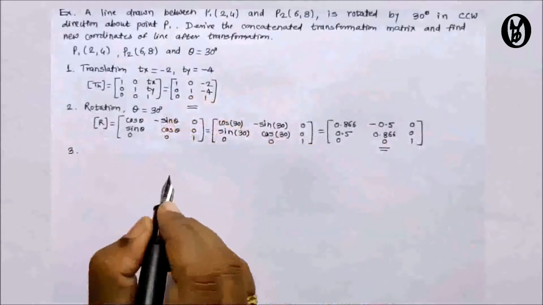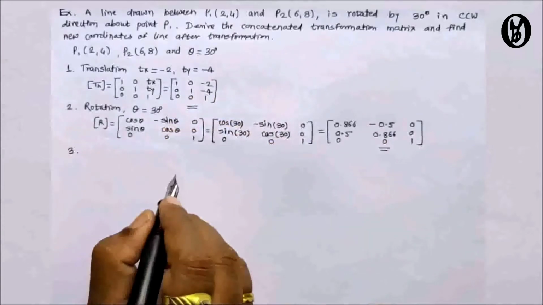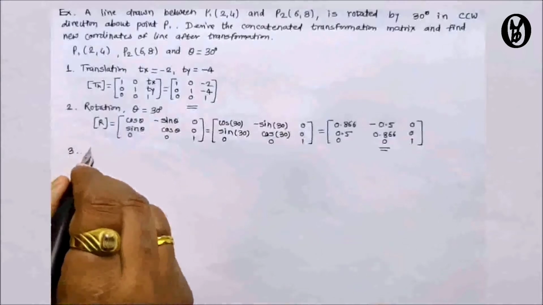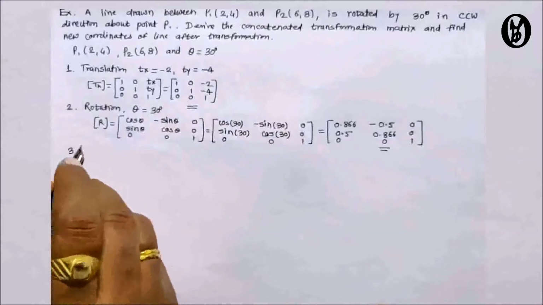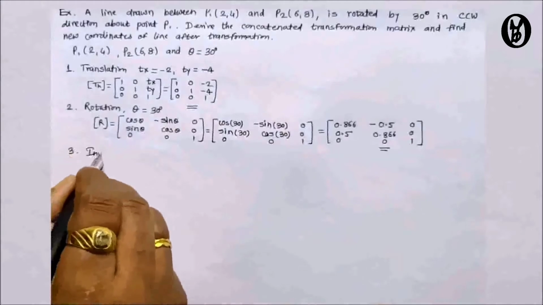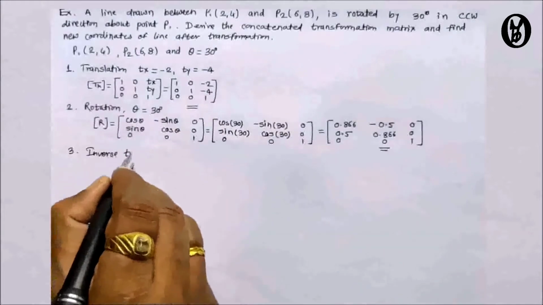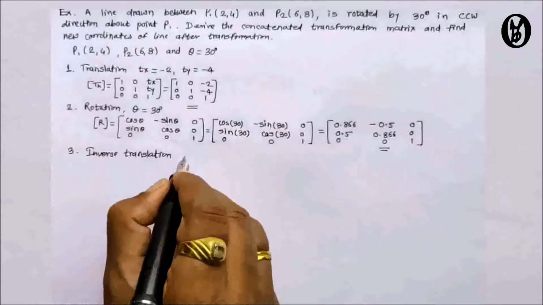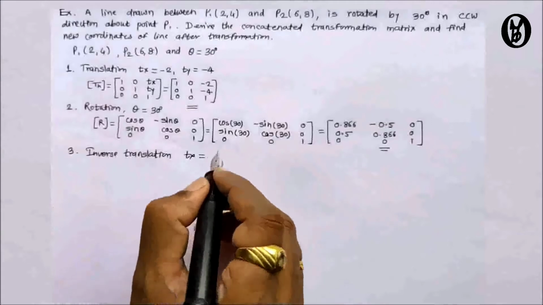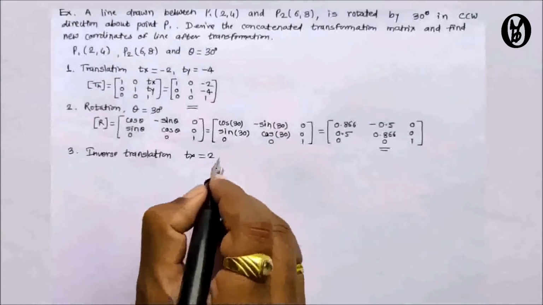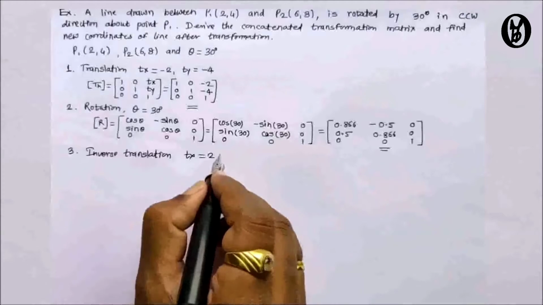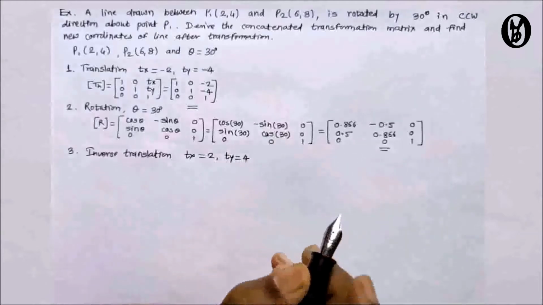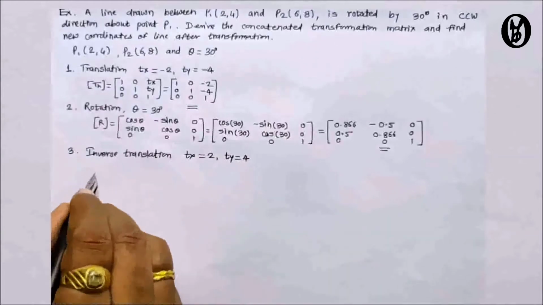The third step is we have to bring the point which we have translated to the origin back to its original location. As it is a reverse translation, we call this an inverse translation. For that, Tx equal to 2 and Ty equal to 4, as we want to cancel the translation we performed in the first step.